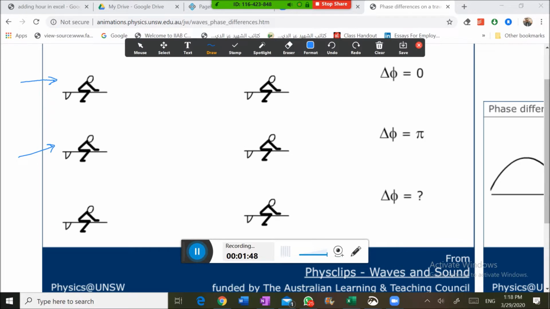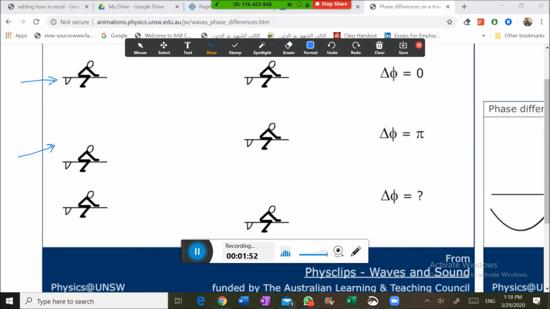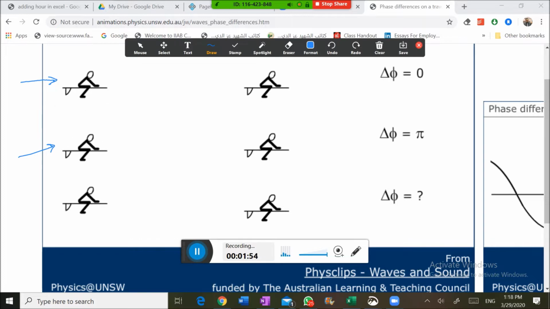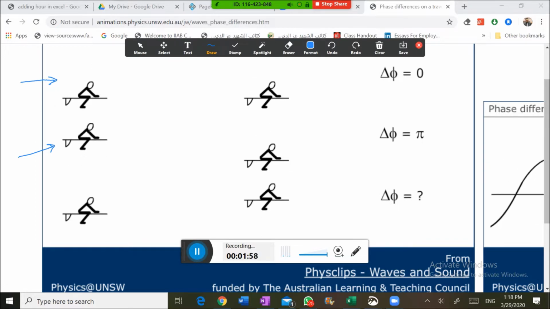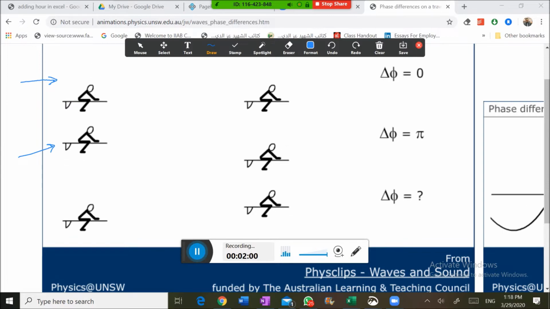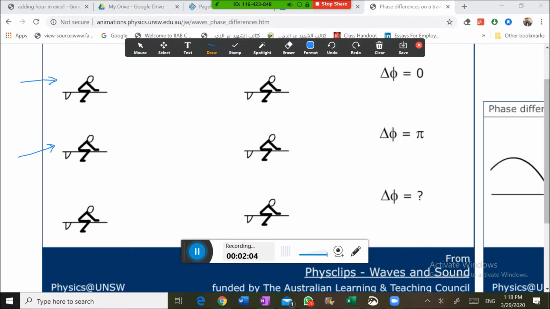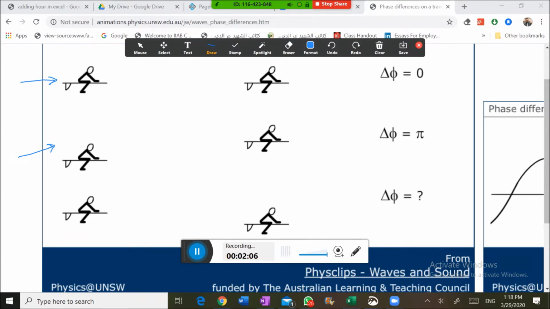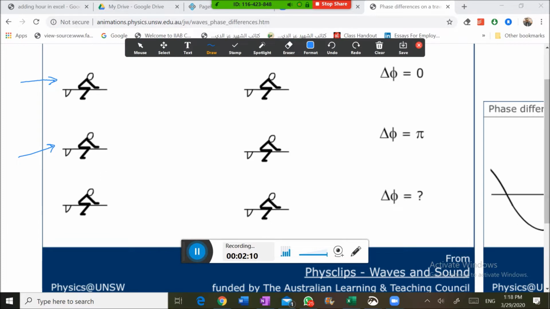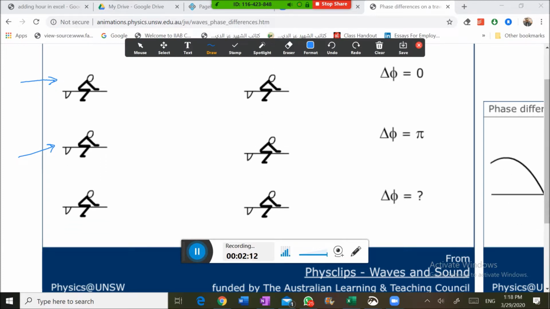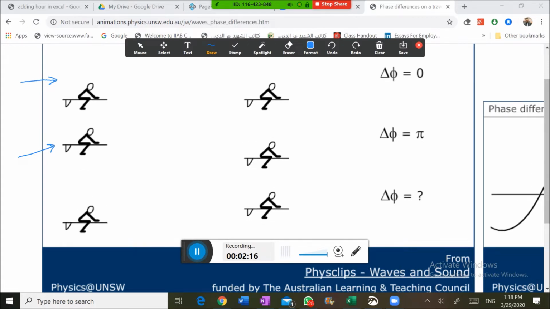Look, when the first particle is moving up, the second particle is moving down. Guys, listen and pay attention to the words that I will use here. When the first particle is moving up, the second particle is moving down, right? Did you see that? These are called antiphase, guys. These are called what? Antiphase. They are totally opposite. Okay?